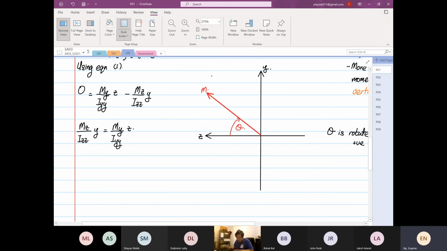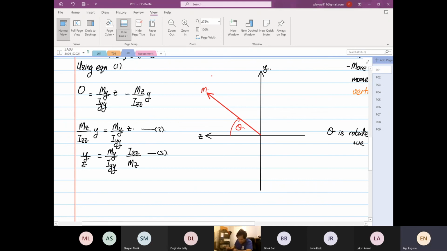Okay, so I'm going to call this our equation number 2. Then I'm going to rearrange equation number 2 again. You have y over z, right? So you have My over Iyy, right? And then you have Izz over Mz. So this is our equation 3.